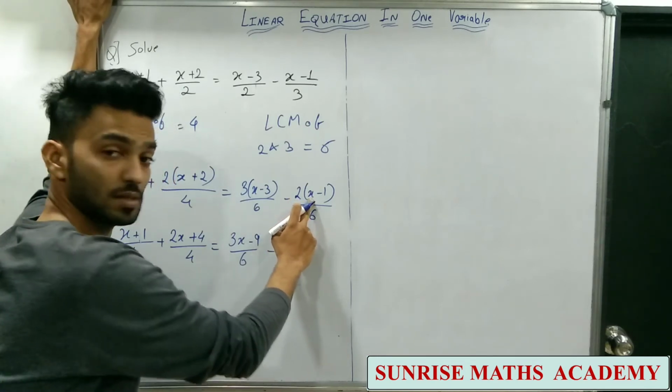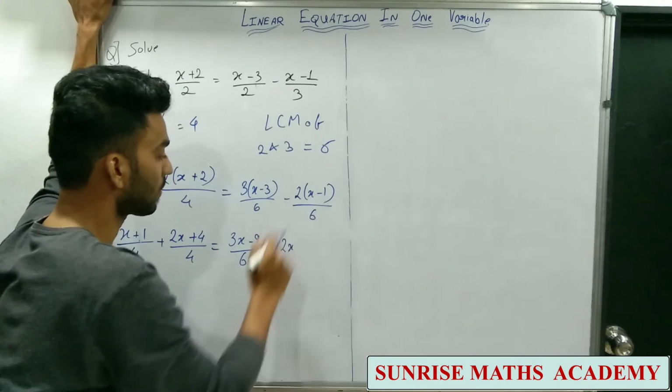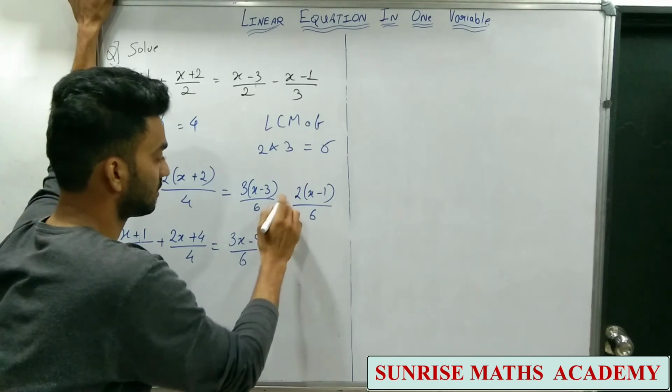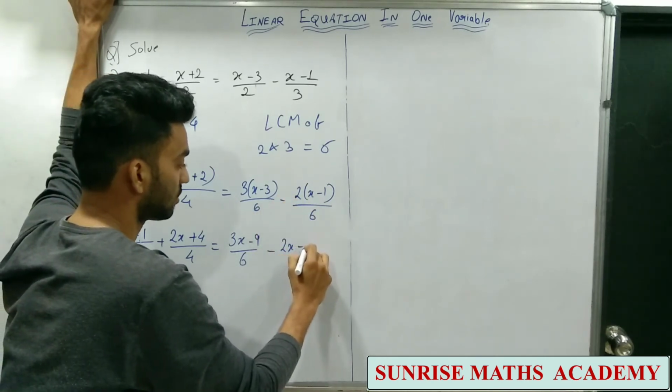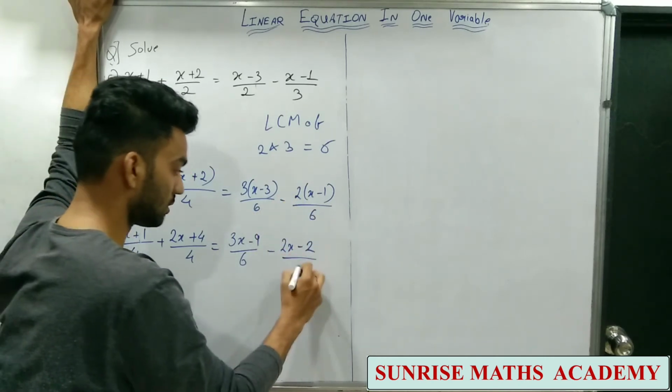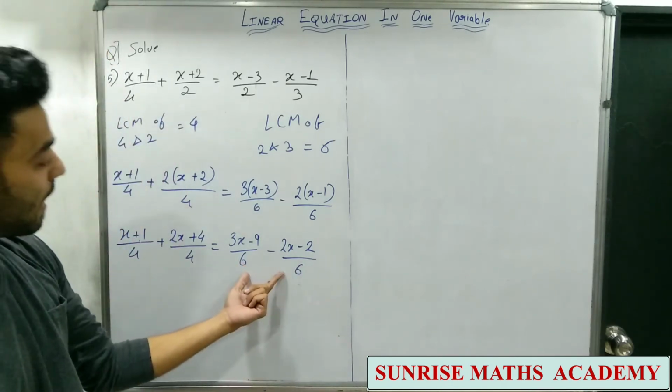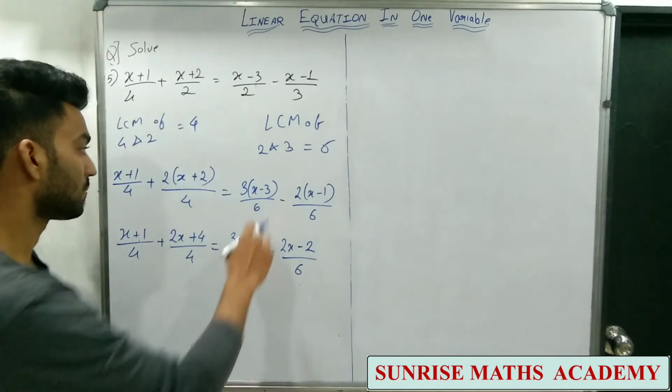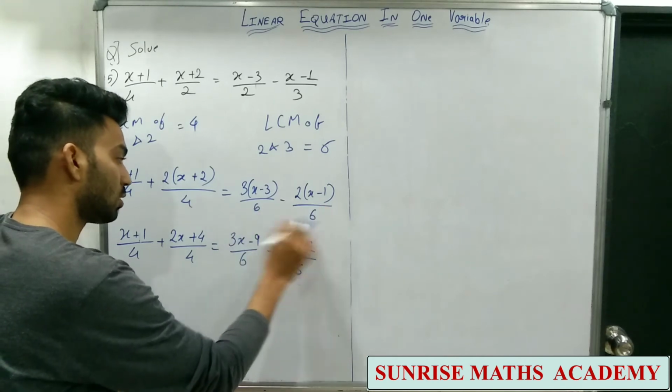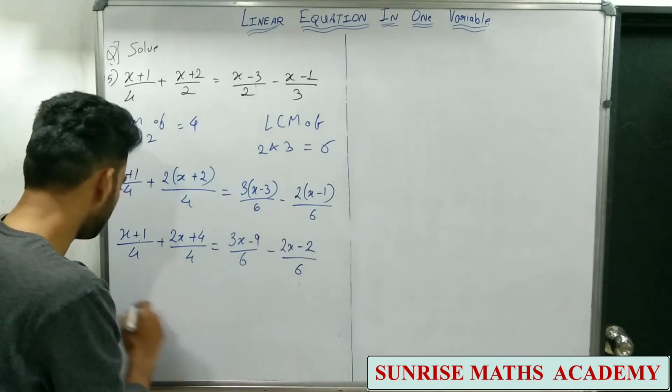minus 2 into x is minus 2 into, okay, first let's just multiply this, so it will be 2 upon 6. Now when we add or subtract, then the sign will change. So here I am not changing it because I have kept this separate.